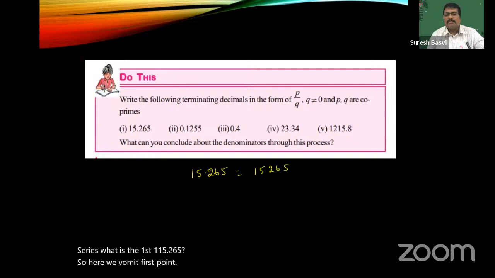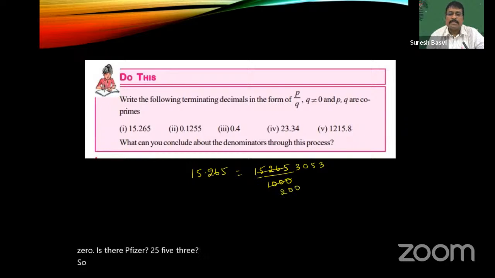Then in the numerator you have to write like this: 15.265 by 1000. 5 3s are 15, 0 is there, 5 5s are 25, 5 3s are 15. Am I right? So 3053 by 200.